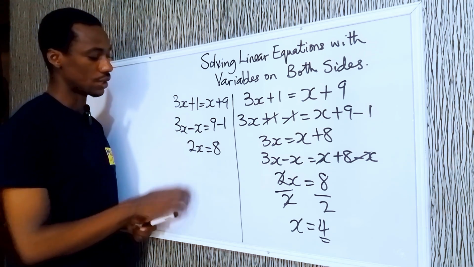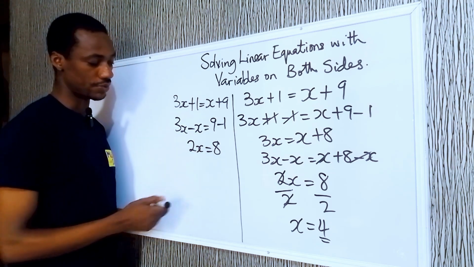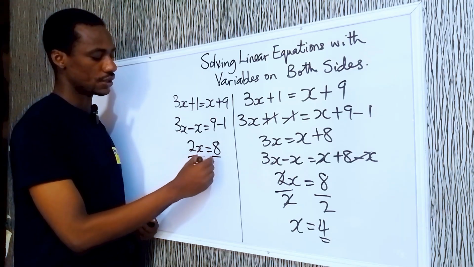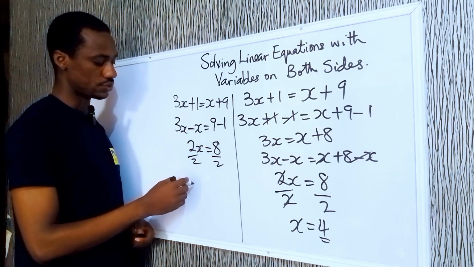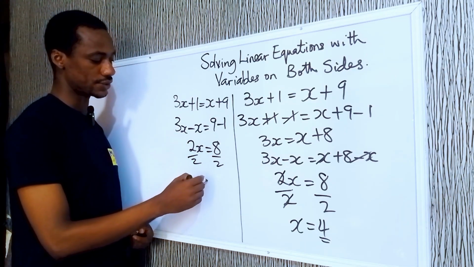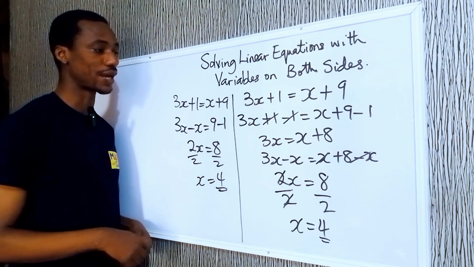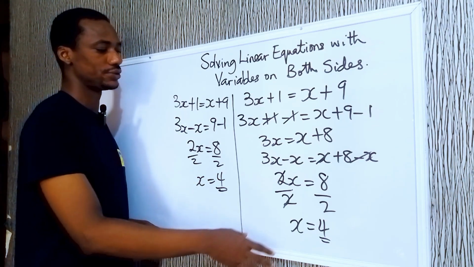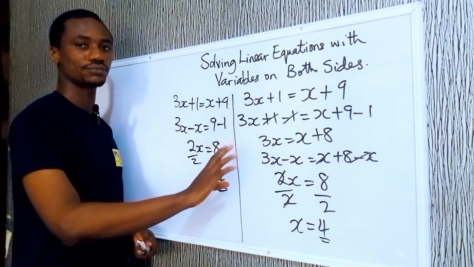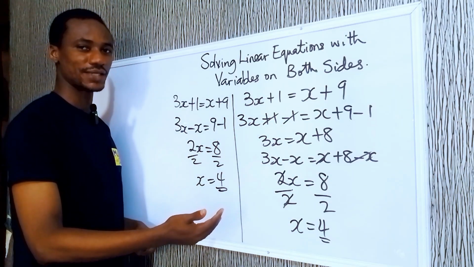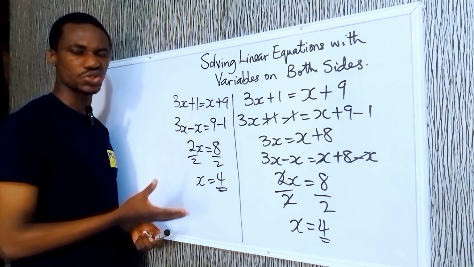So at this point, we have to divide both sides by 2, and then we know that 2 into 2 is 1, and then we have x equals 4. Okay. So with practice, you graduate from the balance method to a shortcut like this.